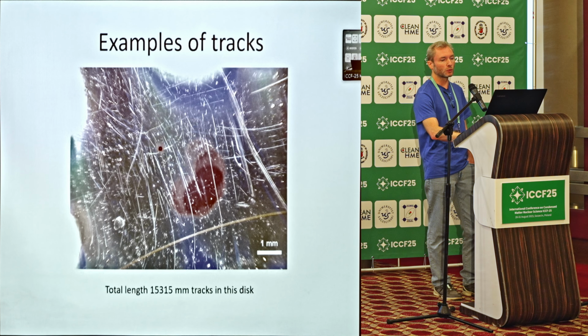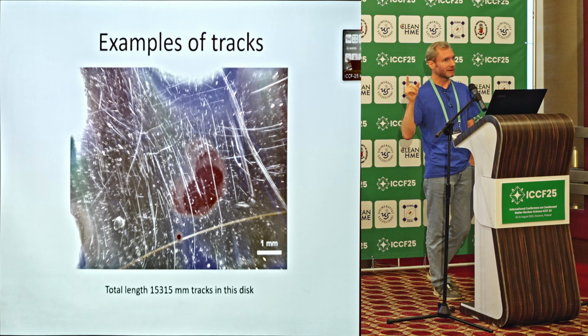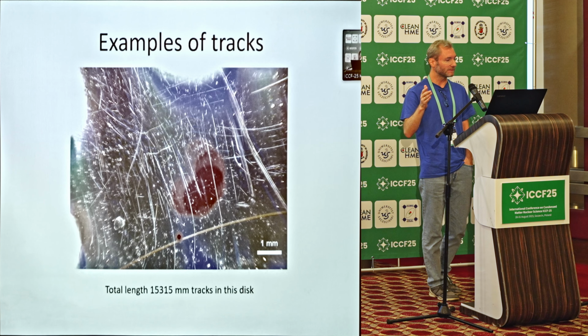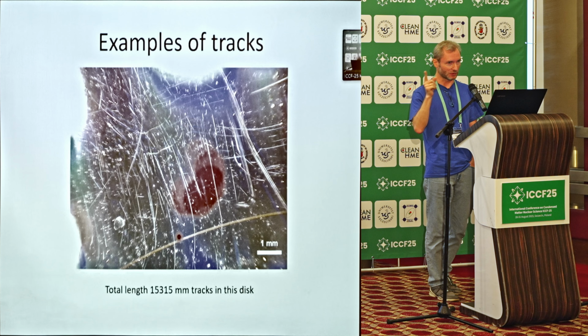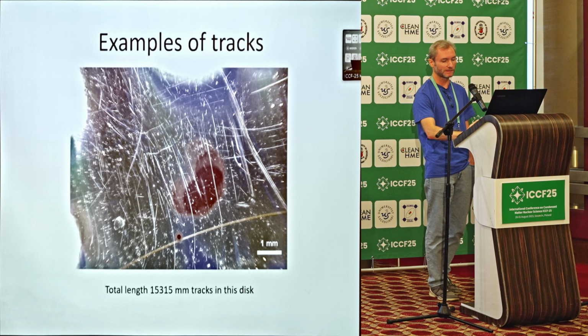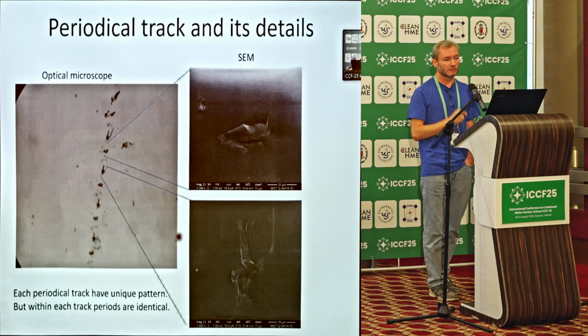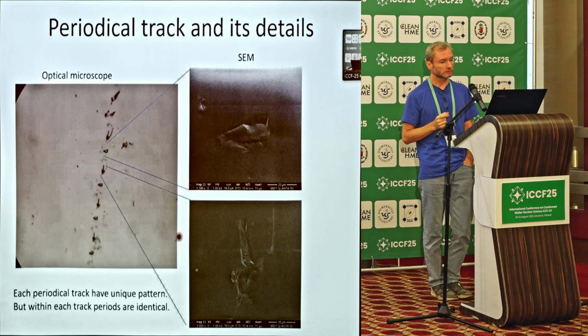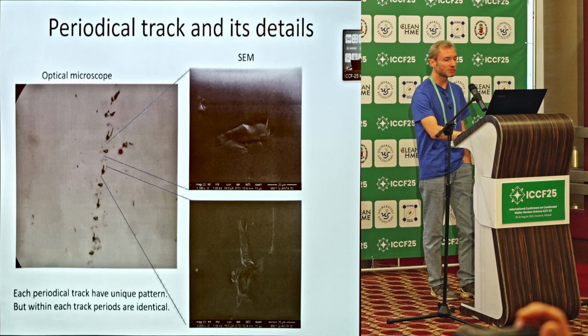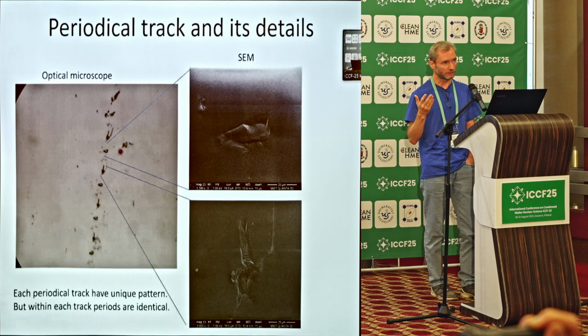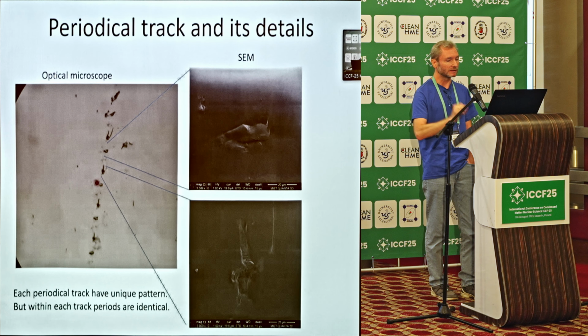Here I see just one periodical track, and this disk gains about 15 meters of track overall, not centimeters, not millimeters, 15 meters of tracks. So, examples of periodical tracks. It's optical microscopy. You can see that each periodical track has a unique pattern, and within each period we can see this, and so on.